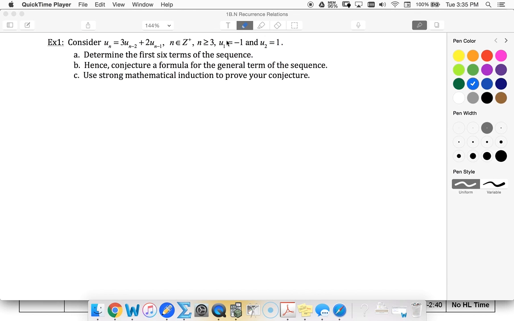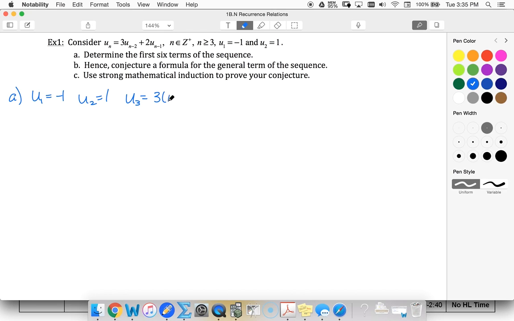Got my initial values here, so when I want to determine the first 6 terms of the sequence, I know u1 is -1, u2 is 1, u sub 3 is 3 times 1, u sub n minus 2, sorry, 3 times -1 plus 2 times 1 is -1, u sub 4, 3 times 1, 2 times -1 is 1, u sub 5 is going to be -1, and u6 is +1.